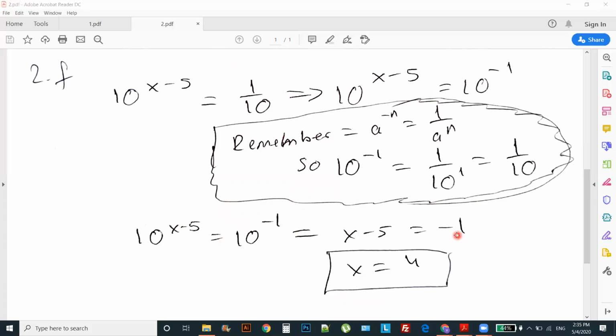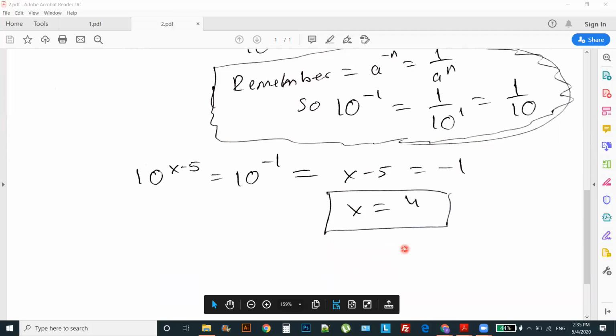This is my equation. I'm going to leave the unknowns on one side and the knowns on the other side. I'm going to take this negative 5 to the other side of the equation. It becomes positive 5. Negative 1 plus 5 will be 4. So x equals 4.